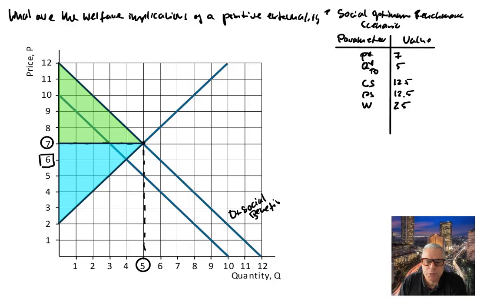And the actual quantity turned over is 4. So this is where the market clears.